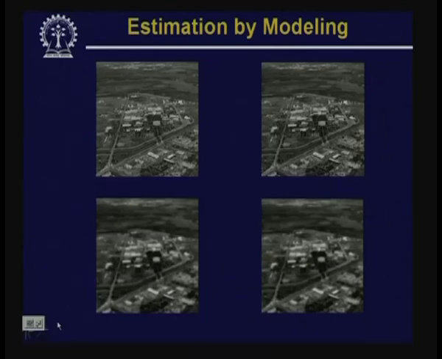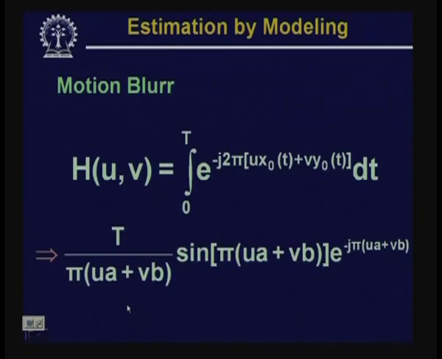The second mathematical model that we have considered is motion blur, or the blurring introduced due to motion. We said that because the camera shutter is kept open for a finite duration of time, the intensity obtained at any point on the imaging sensor is not really coming from a single point of the scene.